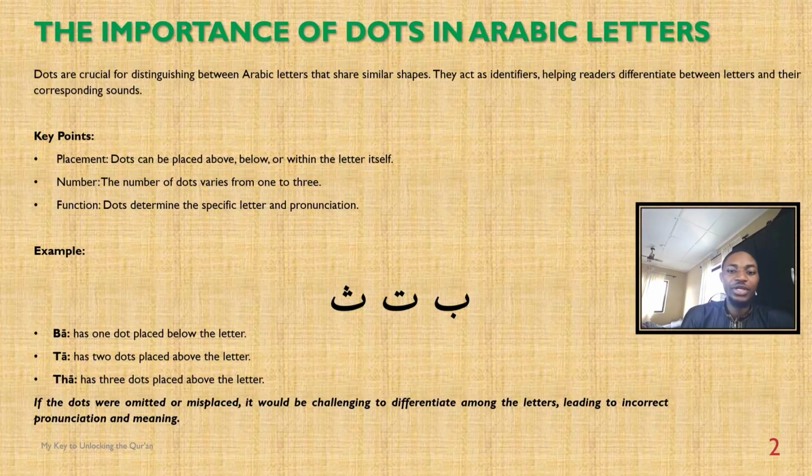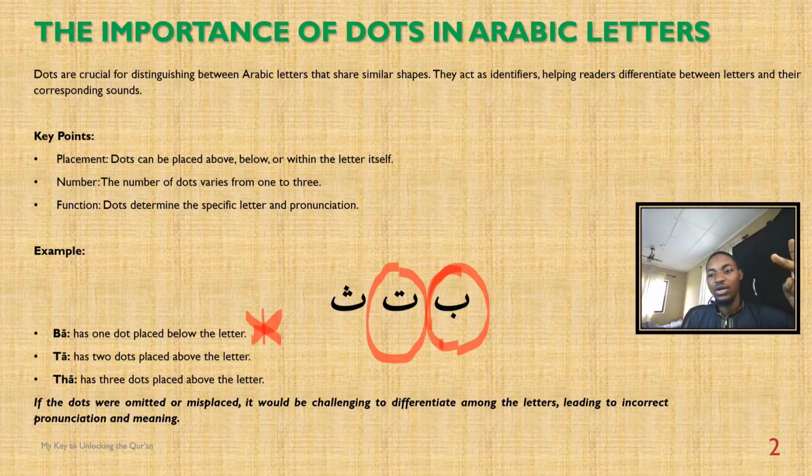So the first one here, this particular one, you can see it has 1 dot below the letter, and that is the one we call ba. This is the ba. The second one has 2 dots above the letter. Though they share a similar shape, it has 2 dots, unlike ba, which had 1 dot, right?